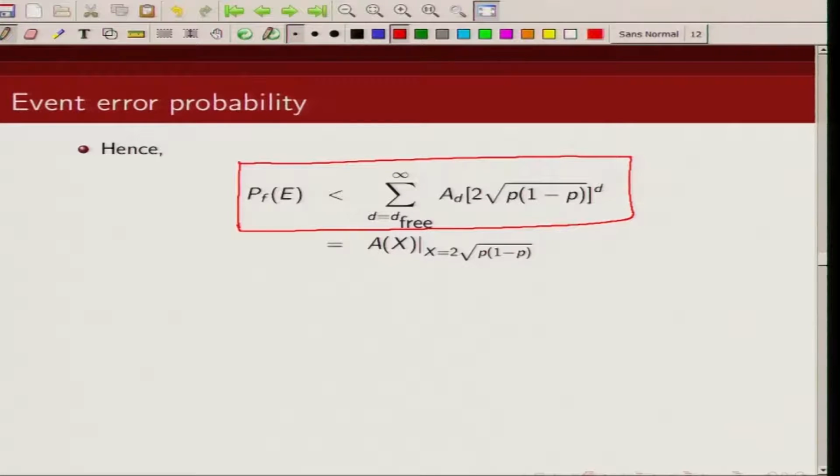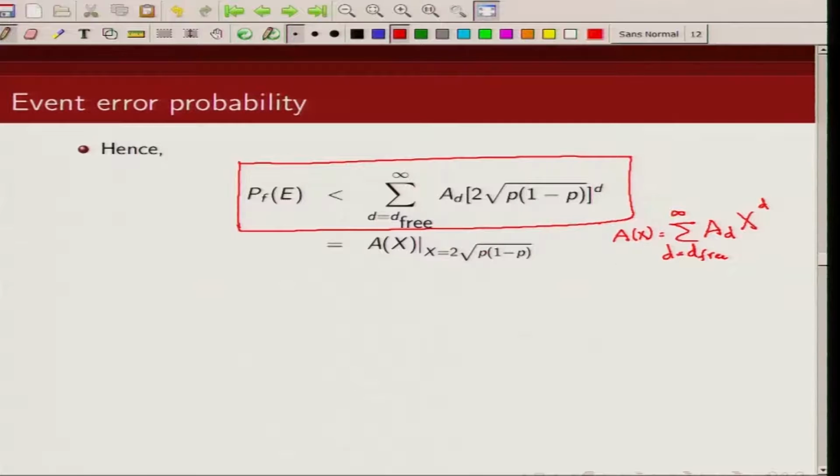Now, what we are going to do is, we know our weight enumerating function. It will give us the distribution. So, if we have some weight enumerating function, it essentially will give us, from d equal to d free to infinity, how many code words of weight d are there, and x raised to power d. Okay.